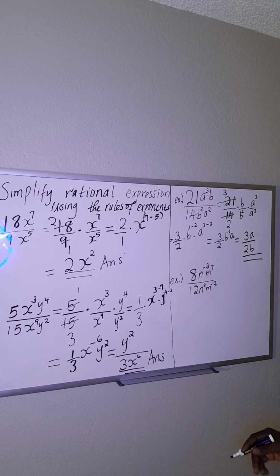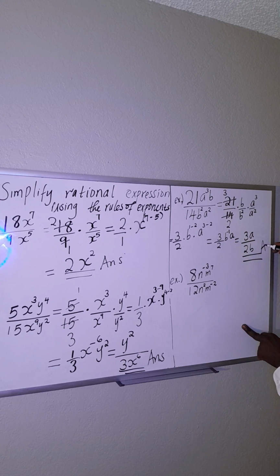I get the reciprocal of b raised to the power of negative 1, to remove that negative on the power, and then I write my answer like that. So that is the answer for question 3. We are still using the rules of exponents. So that's what we have, 3a out of 2b.